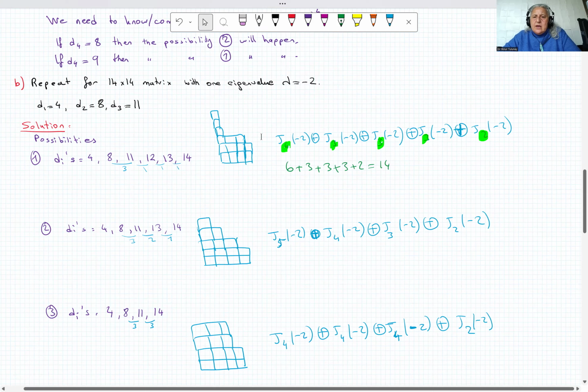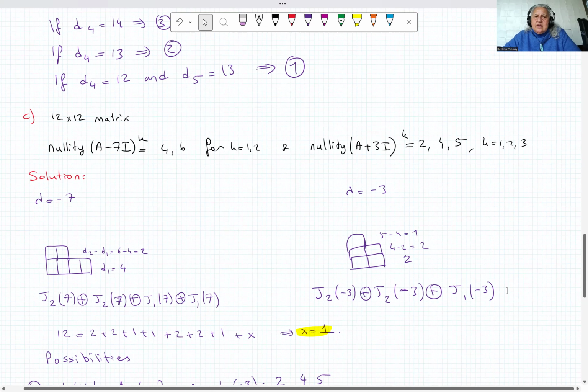J3 is that one. And J2 is this one. For this possibility, we have 1, 2, 3, 4. J4 appears 3 times, and the last one is J2. So these are all the possibilities for this one.